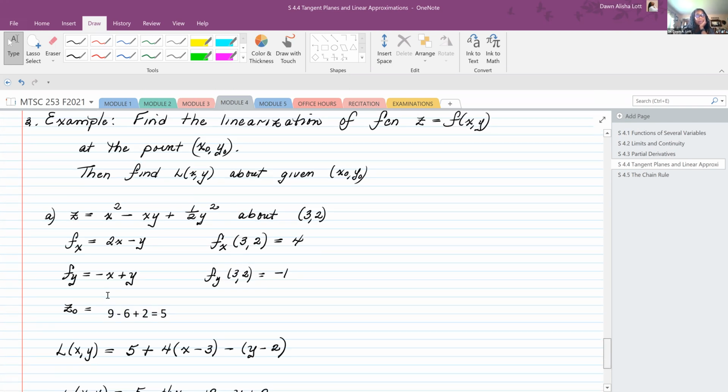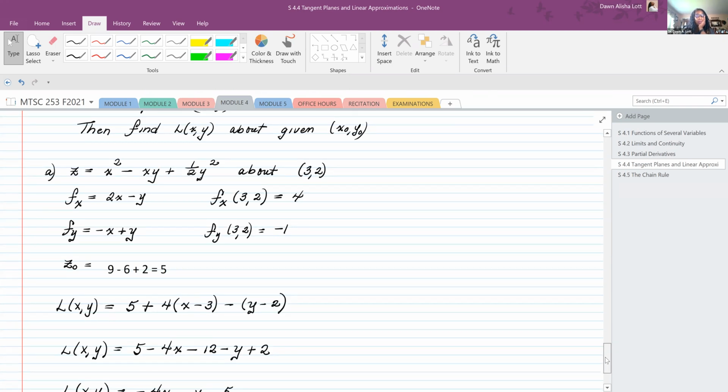Z naught is 3 squared, which is 9, minus x times y, which is 6, plus 1/2 of y squared, 2, that's 5. Okay, so I agree with that. So that's the linear function. So the linear function is 5 plus 4 times x minus 3 plus -1 times y minus 2.